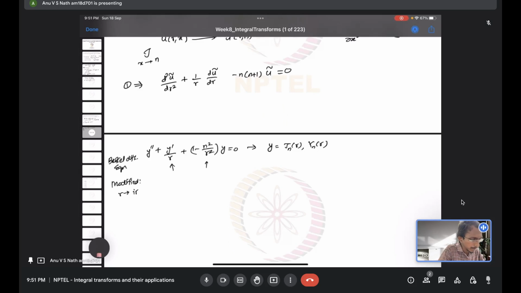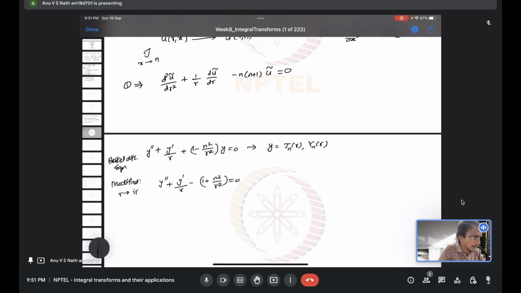So you will have basically minus y double prime, then minus y prime by r, then plus 1 minus n square by minus r square, so that will make it plus r square equal to 0. Now you rearrange the negative terms, and you will have plus here and minus here.